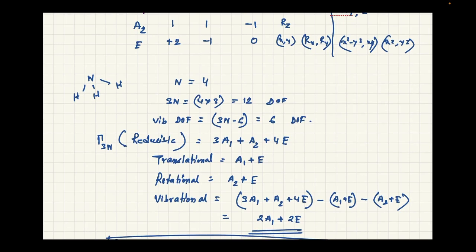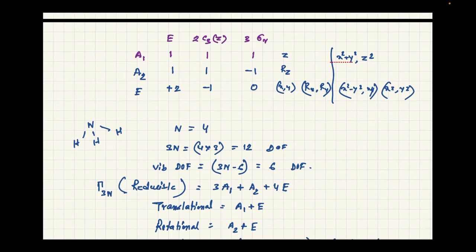To answer this type of question, first we have to define the point group of that molecule, then write down the character table, and using the character table you can define which particular linear functions are the basis for which representation.